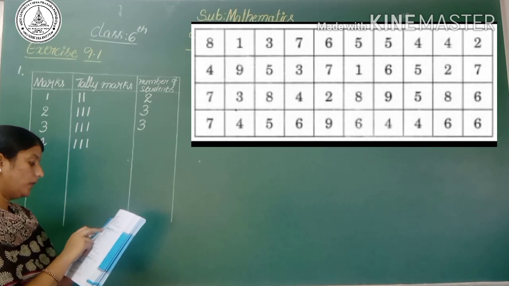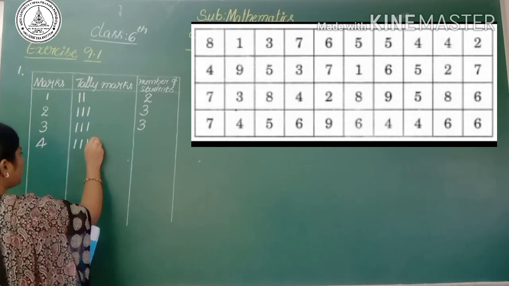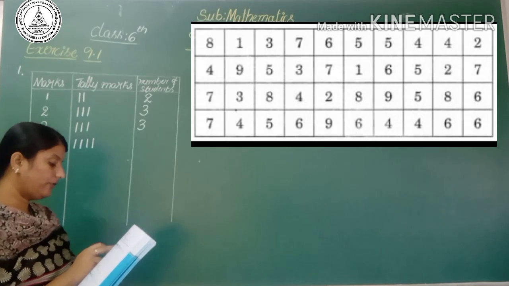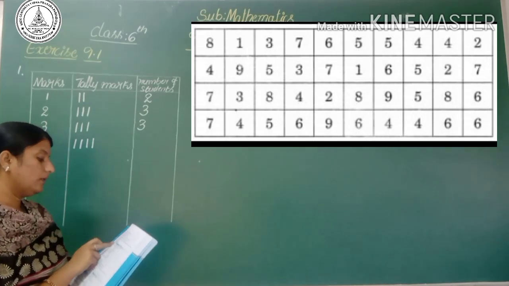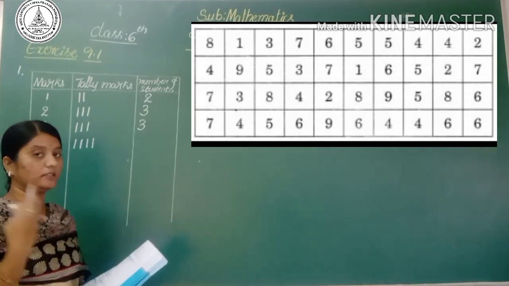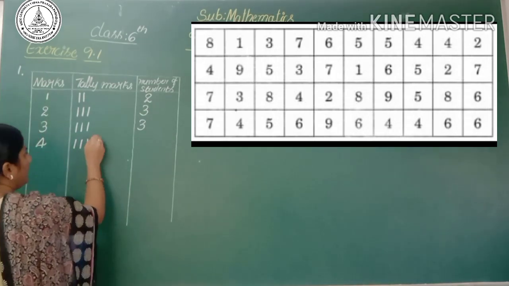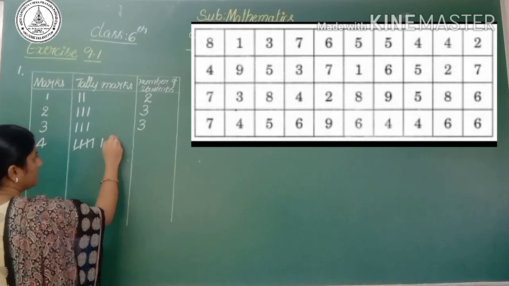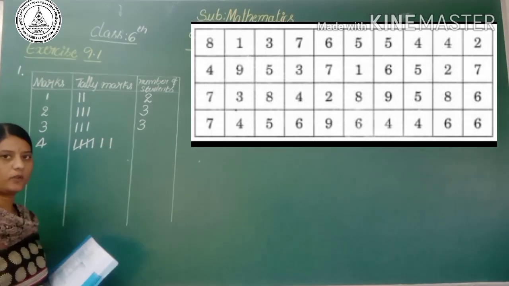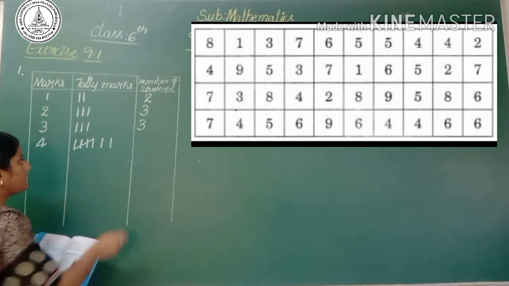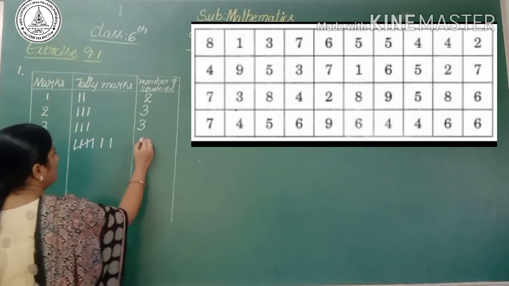In the third row only 1 student got 4 marks. In the fifth row, 1, 2, 3. There are 3 students who got 4 marks. So here there is a 4. It's 5, 6, 7. Okay. Totally how many students got 4 marks? That is 5 plus 2, 7.